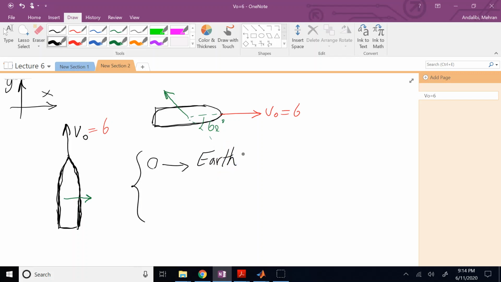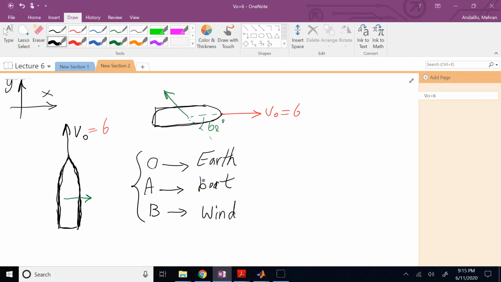So to us, we consider Earth to be O. A is the moving reference, which is the boat. And the object of interest is wind. So we want to know the velocity of wind with respect to Earth, and we could measure the direction of velocity of wind with respect to boat.